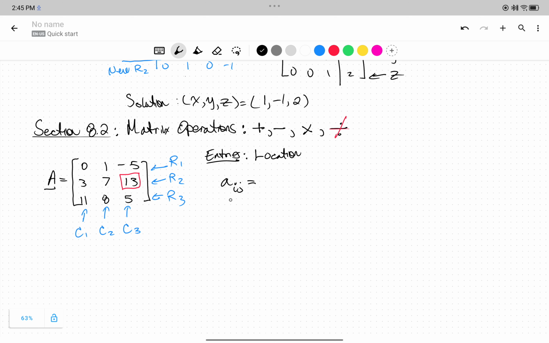So i is talking about row, j is talking about column. And you're going to see that it's always describing row first and then column second. So then this, where is it located at? Well, this is the second row and the third column. So then we write it as a sub 2, 3. Okay, so those are called subscripts. The subscripts tell you the location.